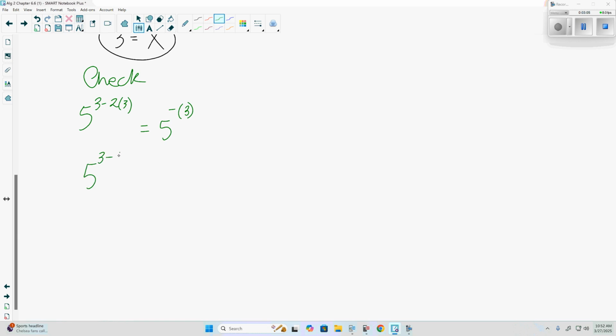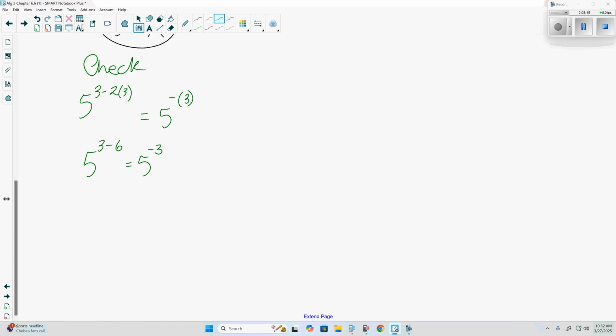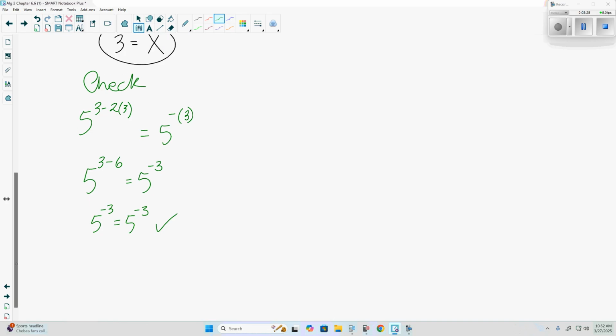Well, negative 2 times 3 would give us negative 6. On the right-hand side, our negative 3 is just negative 3. And lastly, 3 minus 6 is negative 3, and yes, 5 to the negative third is going to equal 5 to the negative third. We have the same number on both sides.